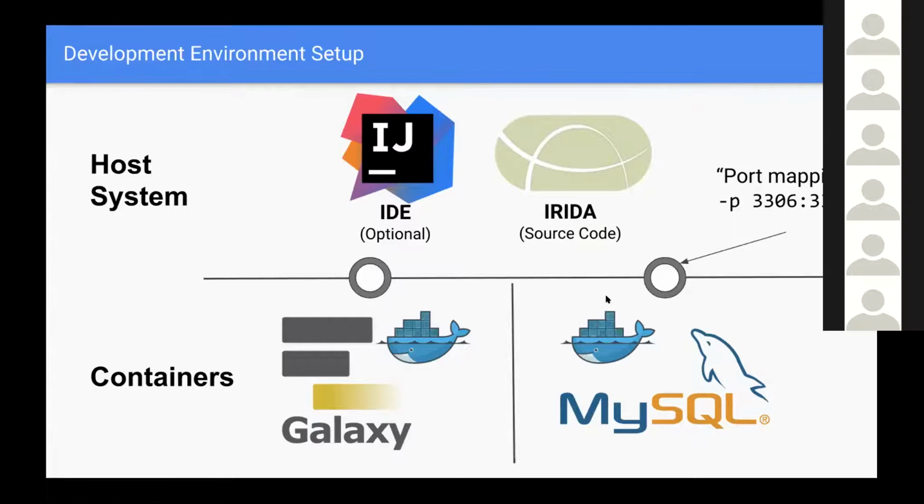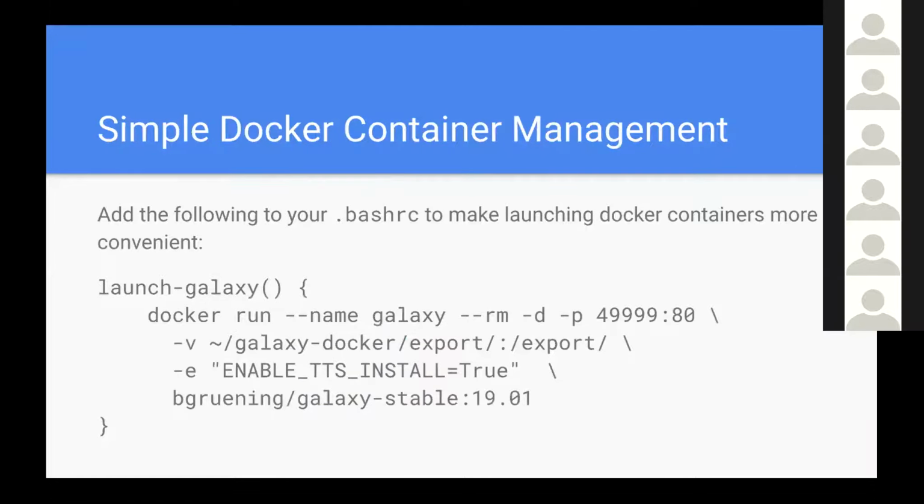It's a small implementation detail, but it's important to get set up correctly. When you're launching your Docker container, you specify which port inside the container is mapped to which port on your host system. It's slightly tricky to get this set up the first time.